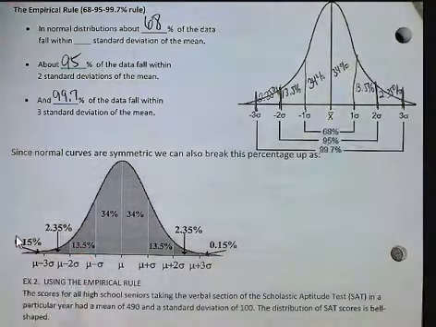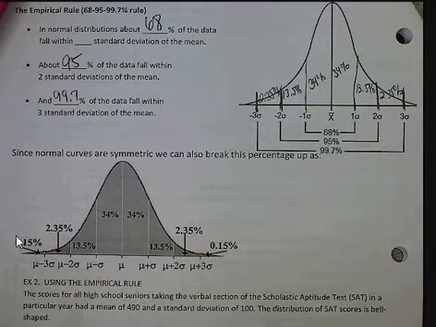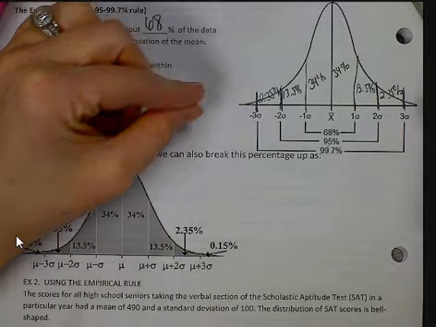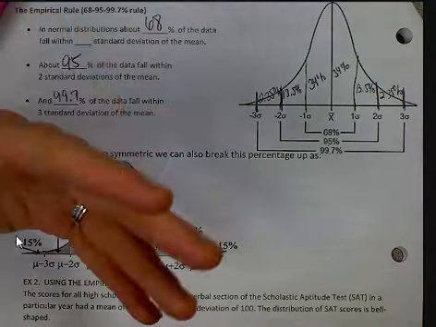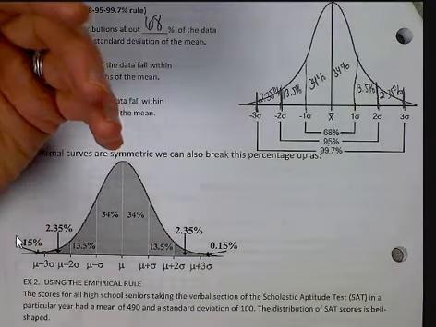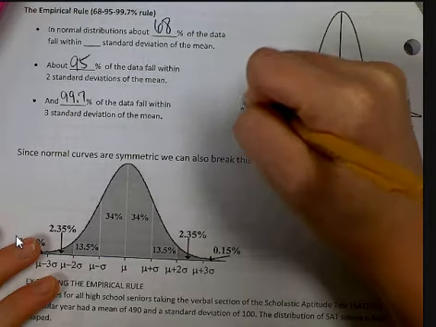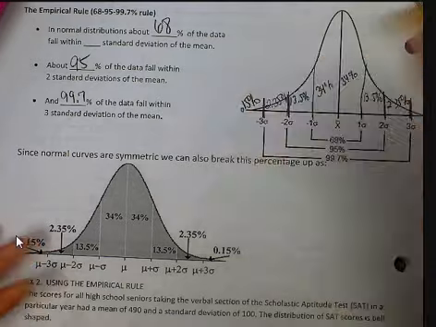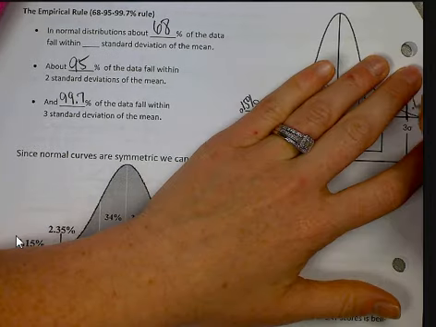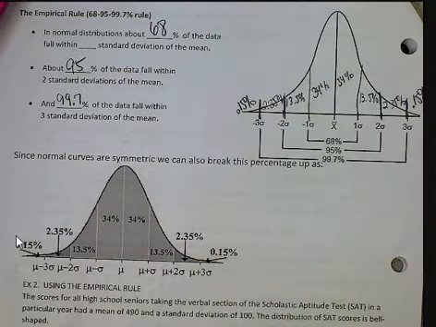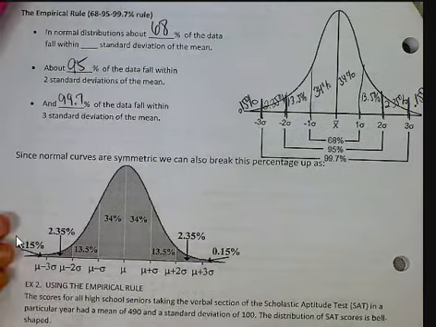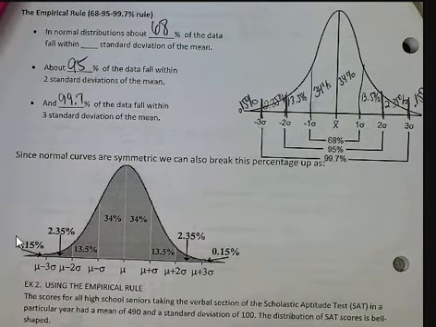So if we've covered 99.7% of our data, only 0.3% is left on the ends. And those would be unusual if someone fell in that interval. So that means that 0.15% would be below 3 standard deviations and 0.15% would be above 3 standard deviations. I have an example of that fully drawn in below.